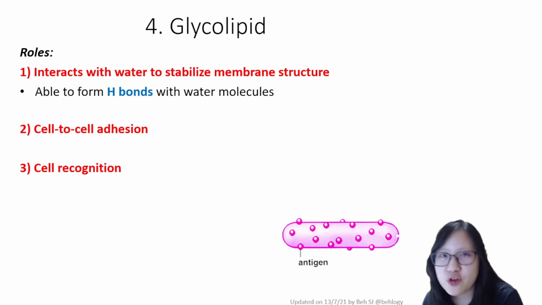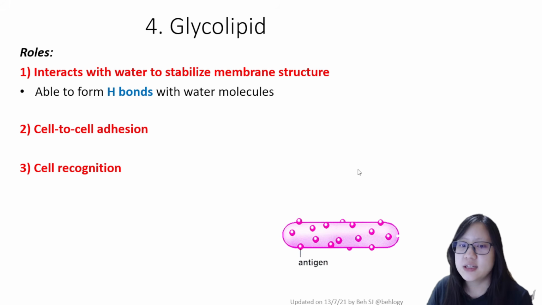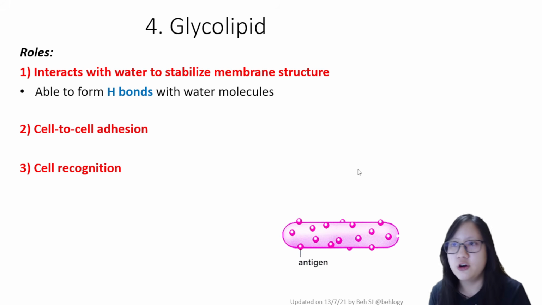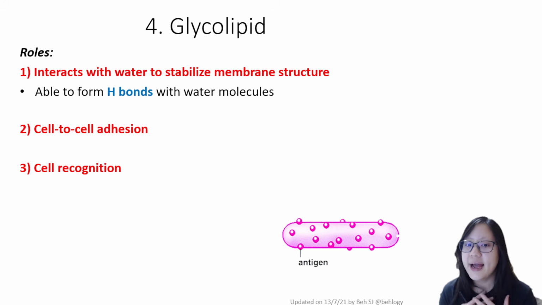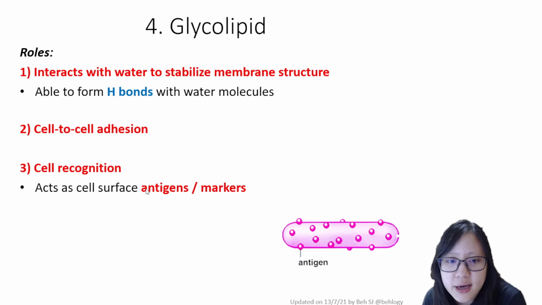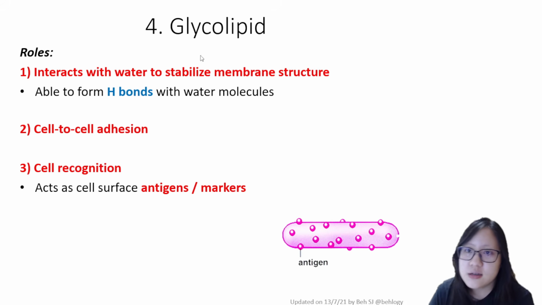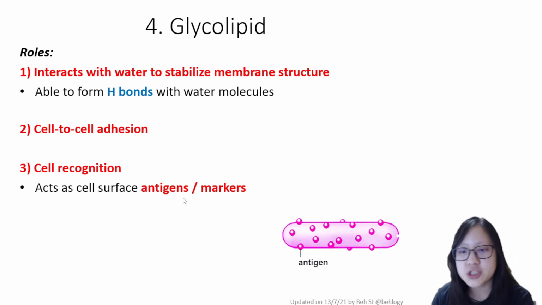Now, what is cell recognition exactly? Cell recognition is the idea that I can distinguish my cells from foreign cells. So we say self and non-self. What is my human body cells, and what is maybe a bacteria cell? How does the body do this? The body does this by having certain glycolipids that act as cell surface antigens or markers.